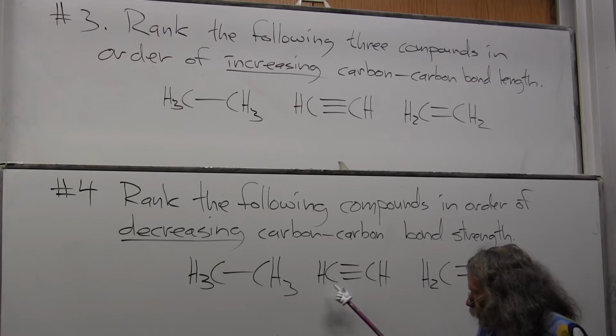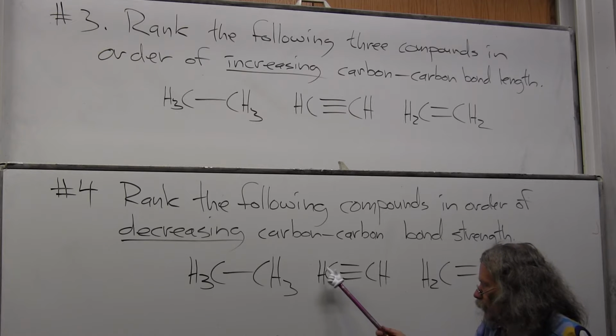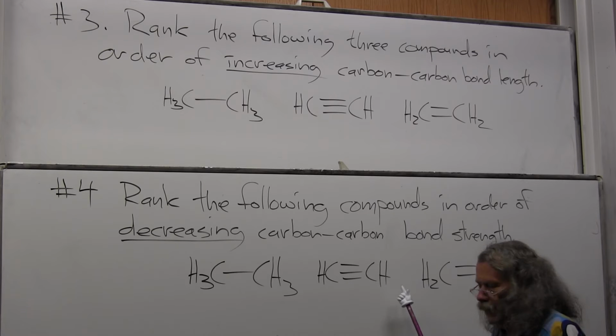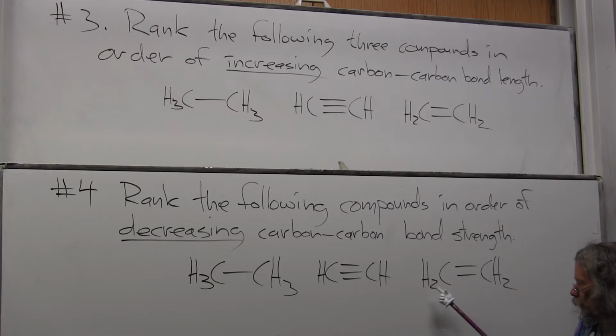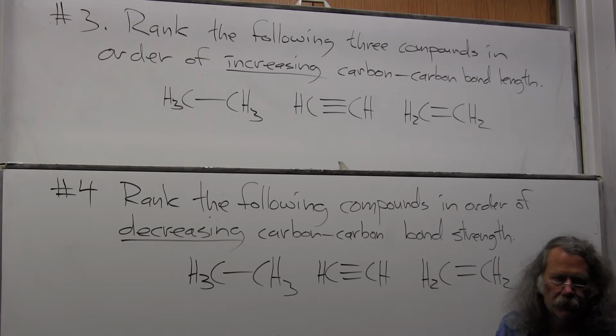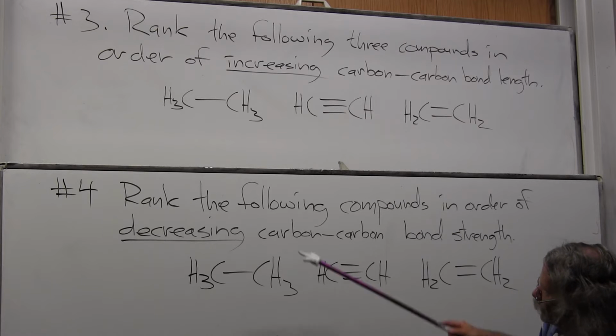The next in the given questions is a carbon-carbon triple bond with HC triple bond CH. This is acetylene. And the last one is a carbon-carbon double bond with H2C double bonded to a CH2. Ethylene, acetylene, and ethane, if anybody wants to know. And so these are the 2 problems.